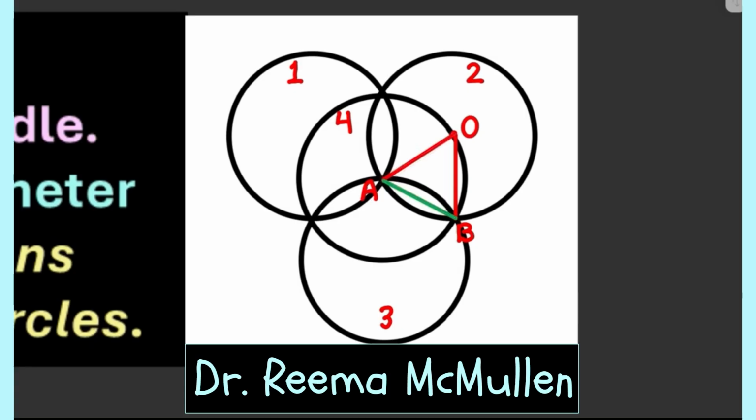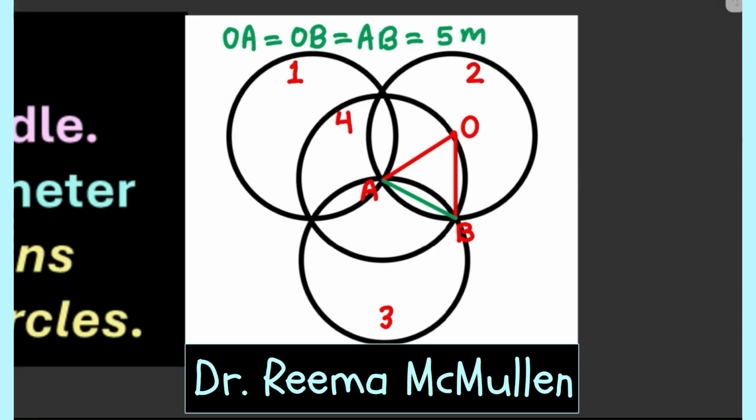And since all these 4 circles are identical and have identical diameters, their radii are also identical. So this triangle AOB is an equilateral triangle where each of the 3 sides is equal to 5 meters. Let's write it down. OA equals OB equals AB equals 5 meters.